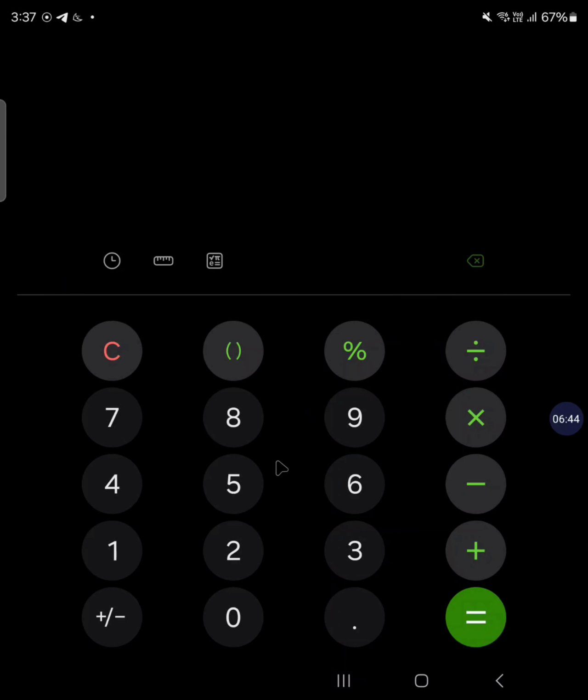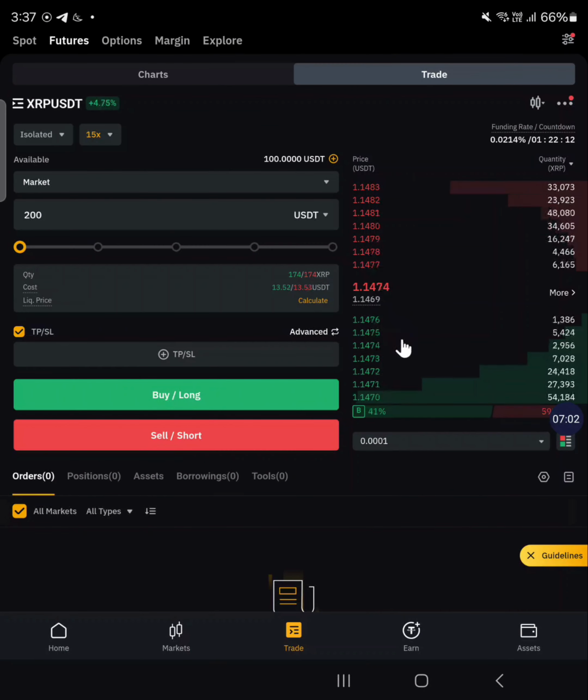This is calculator. If I said I have 13.5 something dollars, right? Multiply by 15. That's the leverage I am using. It's around 13 point. Is that 13.5 something? Yes, 5 something. Now, remember, I am using a leverage of 15x.